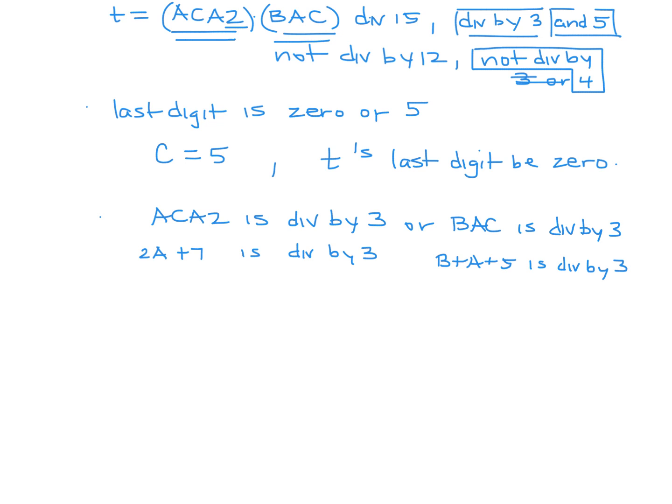So that means our next point is, what does it mean if it's not divisible by 4? It means either that ACA2 is not divisible by 4, or that BAC is not divisible by 4.